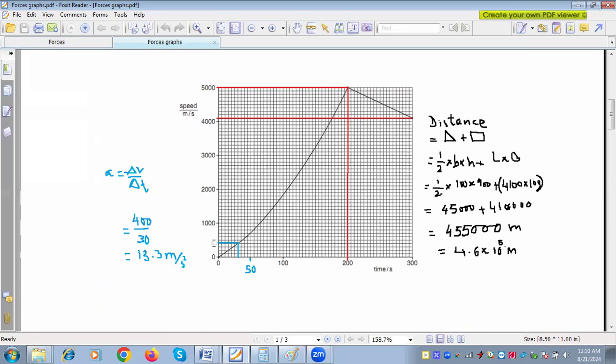Initial velocity is 0, and the velocity at 30 seconds is 400. So the acceleration is 400 minus 0 divided by 30 minus 0, which is 13.3 meters per second squared. Since the data has two significant figures, you can write 13 meters per second squared.